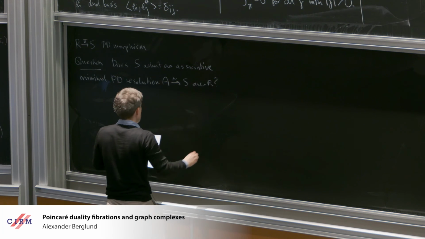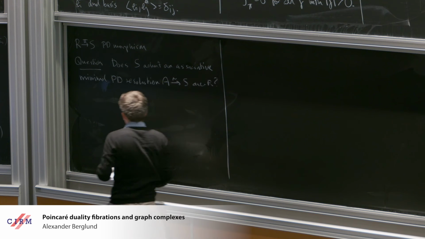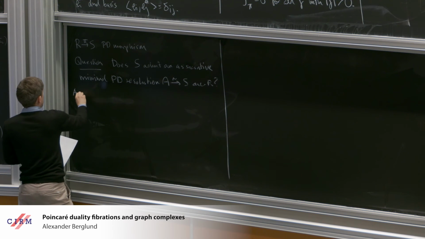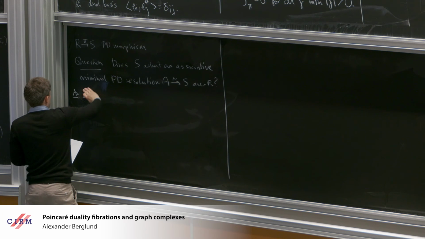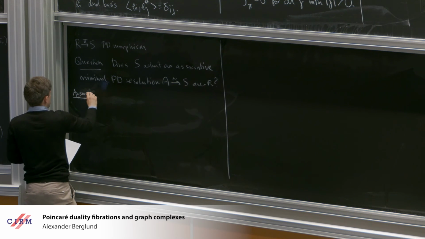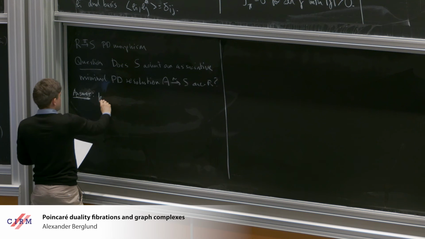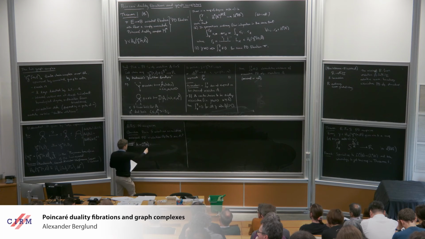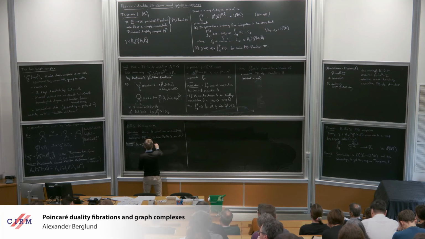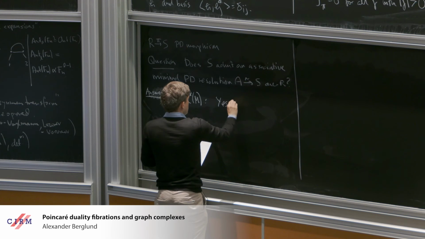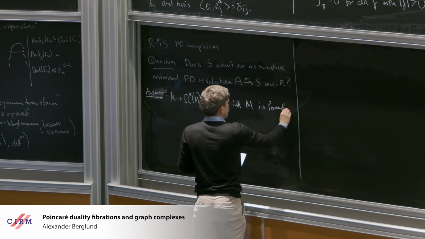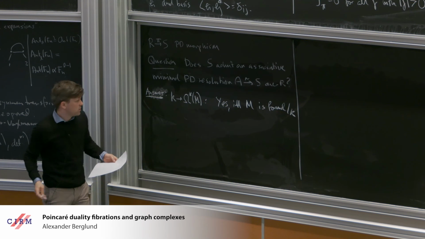There are answers to this. In special cases, this is a question that has been studied. So here are some answers. In the case when you look at the trivial fibration, this is precisely the question of whether M is formal or not. So the answer to this question is yes if and only if M is formal over K, in the sense of rational homotopy theory.